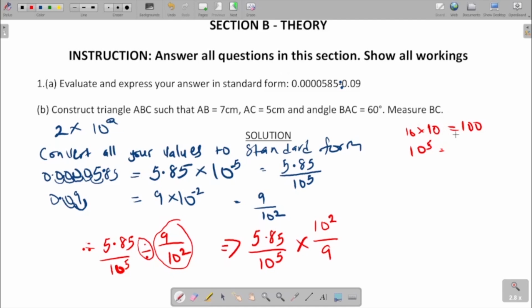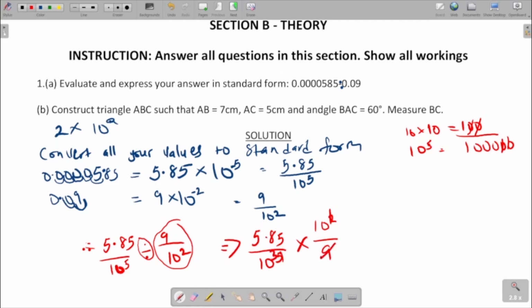So we have zeros that can cancel zeros. Two zeros can cancel two zeros here. If 2 cancel, we subtract 2 from 5, we have 3 here, because we have 3 zeros left here. So our answer is 10 raised to power 3 here.